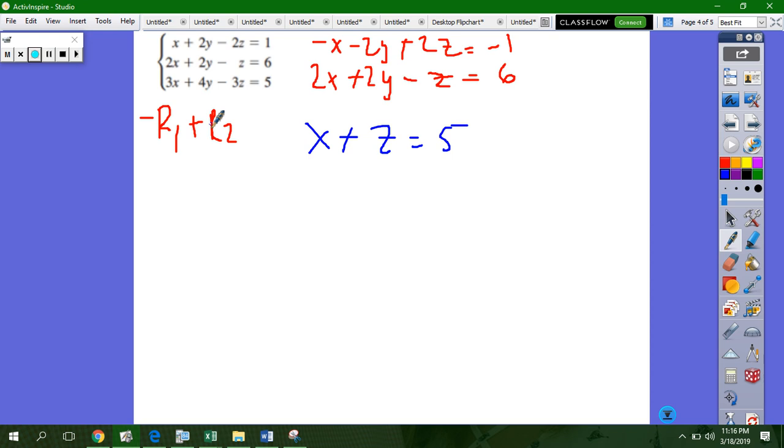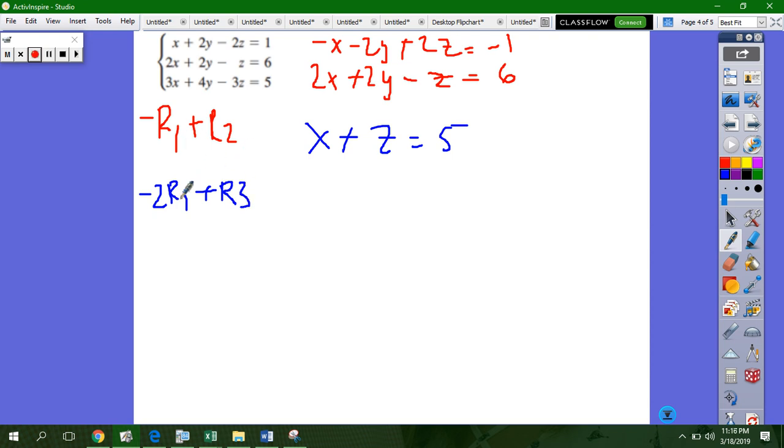So I still want to eliminate the y. It doesn't really matter on this one if I use the first row or the second row. I'm going to go ahead and multiply the first row by negative 2. So negative 2 row 1 plus row 3. Once again, the key thing is I have to use all three rows. And notice I've used row 1 and row 2.